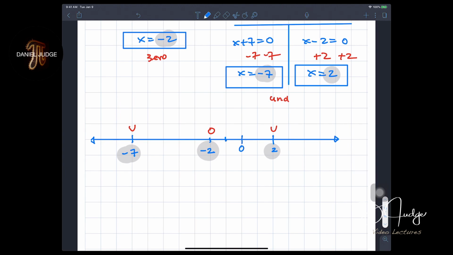So now, if you'll notice here, if we partition the way we've been doing, we don't have 3 regions. We now have 4 regions here. We got 4 regions to test on this question.